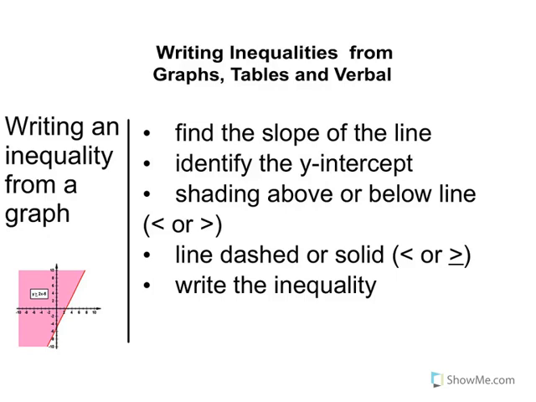And then if the line is dashed or solid: if it's dashed, you will not include the equal to part. If it's solid, then you'll have the equal to part underneath it. And then you'll write your inequality in slope-intercept form or in point-slope form, depending on if you use the y-intercept or a separate point.